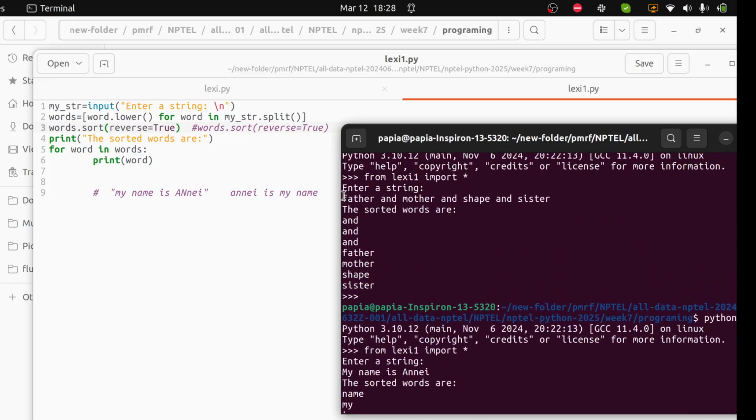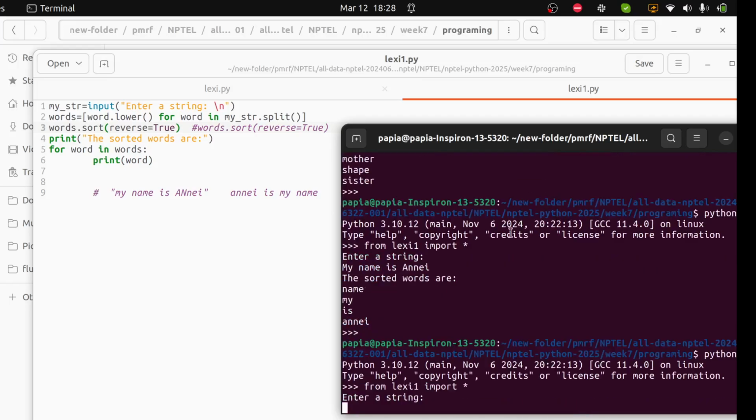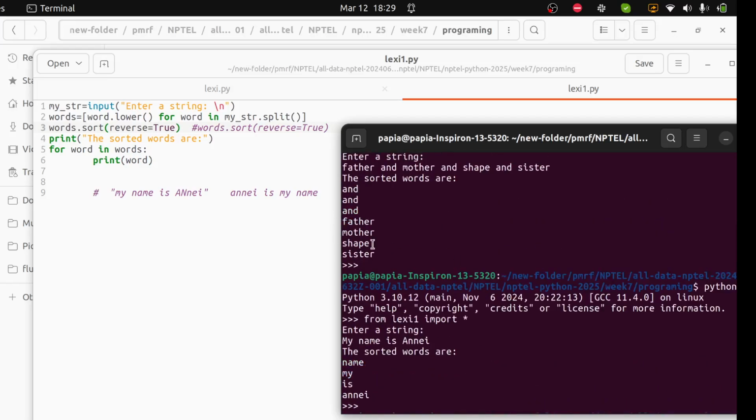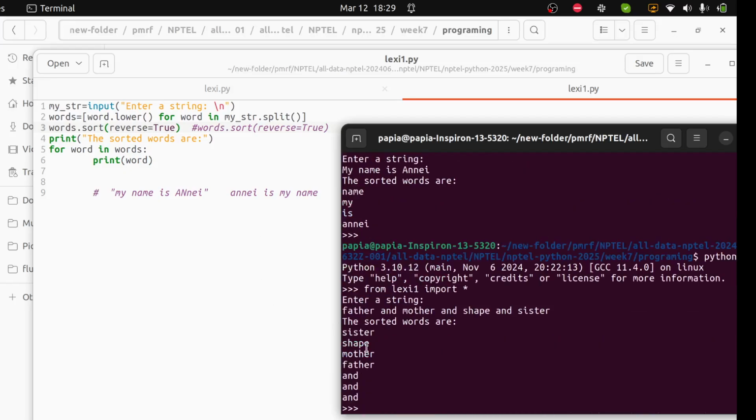Now we will give that next example, whatever we had there. If I use this example, you can see sister, shape, mother, father. That will be exactly the opposite of this. So sister will come first, then shape, then mother, then father, and then "and".